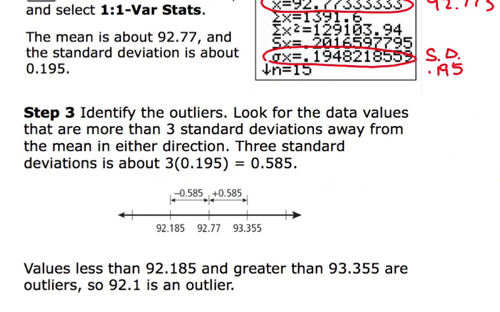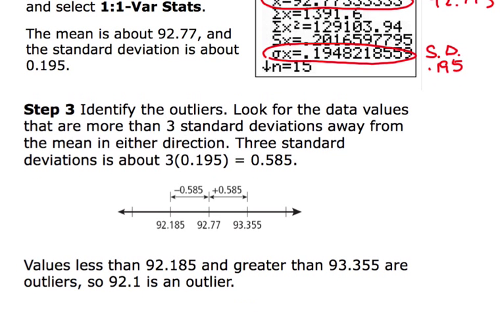So we're looking for numbers plus or minus 3 standard deviations. So we'd say 3 times the standard deviation. We get 0.85, so that represents the distance.